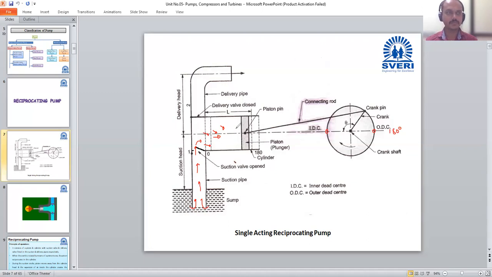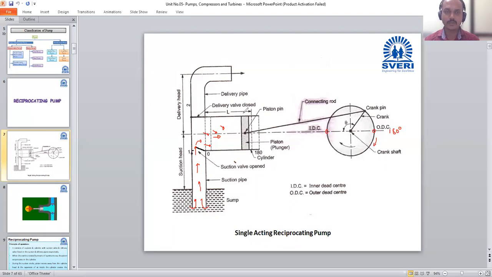Okay, then in another stroke, so this is one stroke. In another stroke, the crank starts moving from 180 degree towards 0 degree here. At that time, the piston moves from outer dead center towards the inner dead center.